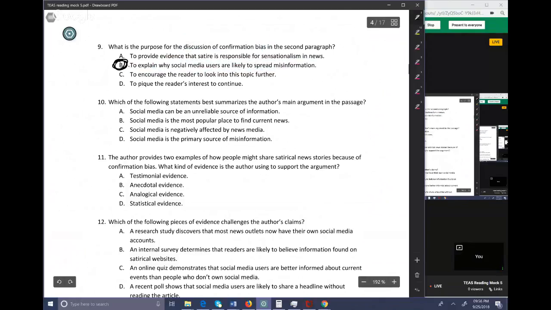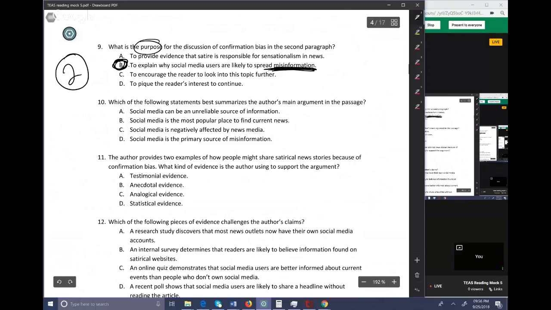Not saying that they're likely to be dishonest. It's not saying they're likely to click on a particular thing. It's saying that people are likely to spread misinformation because they're likely to engage with something they either agree with or disagree with in particular. So we'll say that came out of reading 2 because of the purpose element.